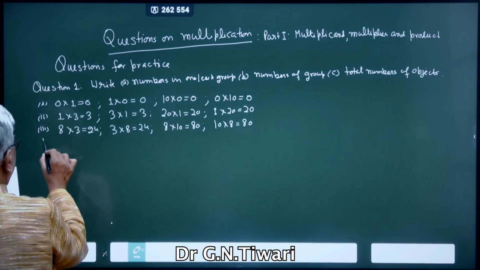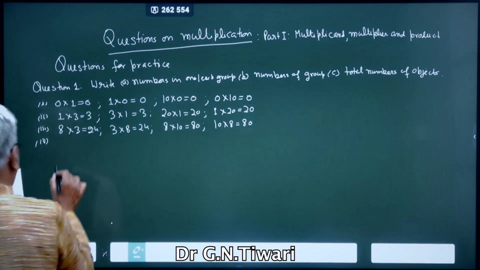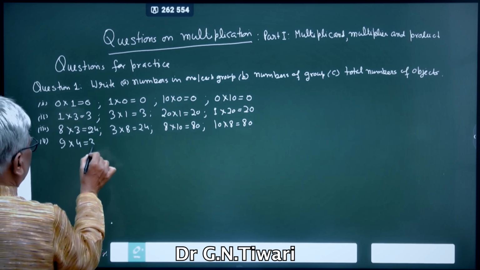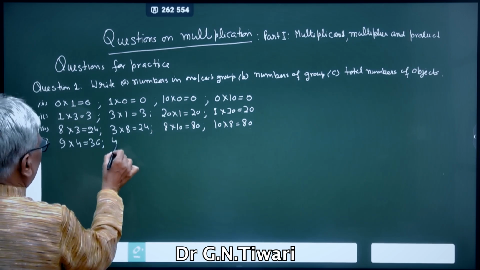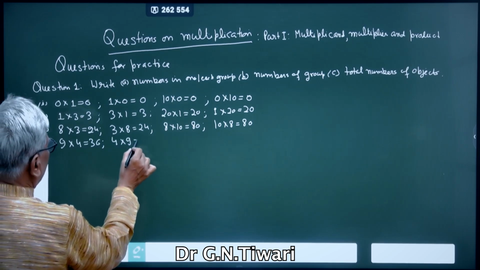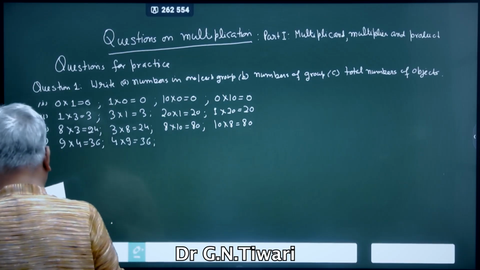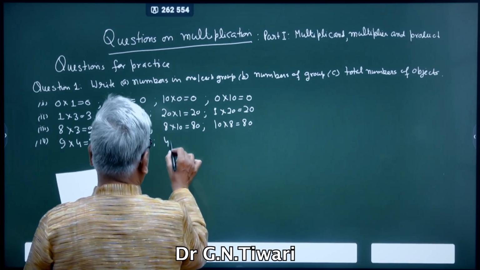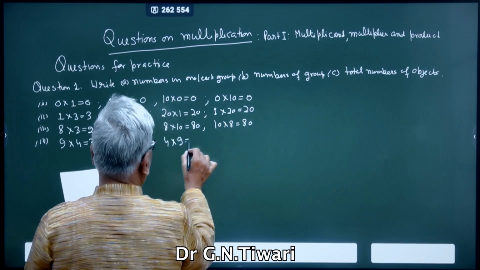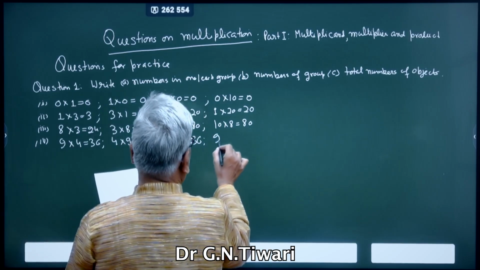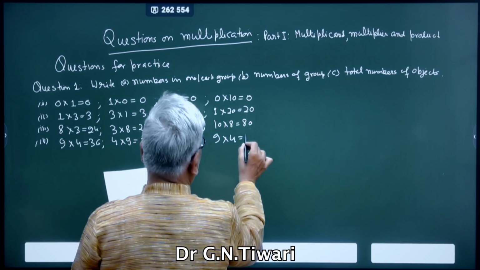4. 9 into 4 is equal to 36. 4 into 9 is equal to 36. Then 4 into 9, 36. 9 into 4 is equal to 36.